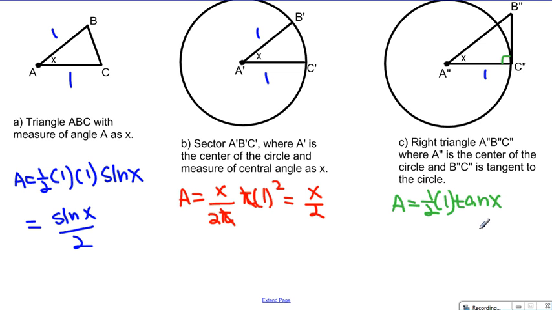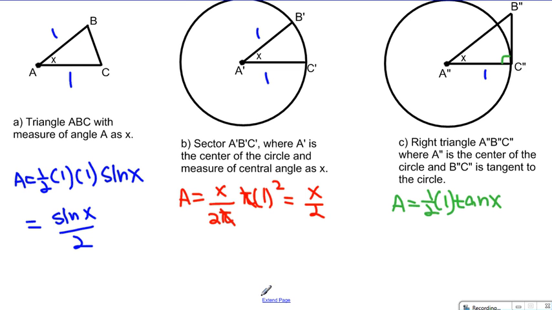When you look at these three figures, you will realize that the one on the right has the biggest area, while the second one is a sector, so it is a little bit greater than the triangle.